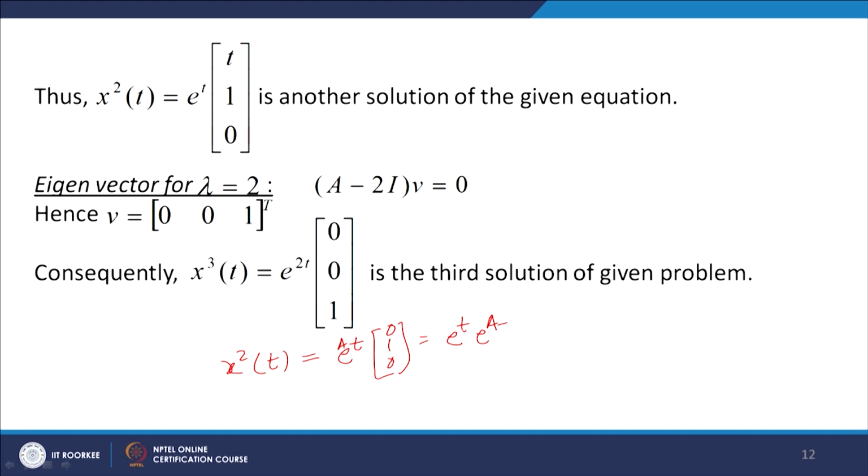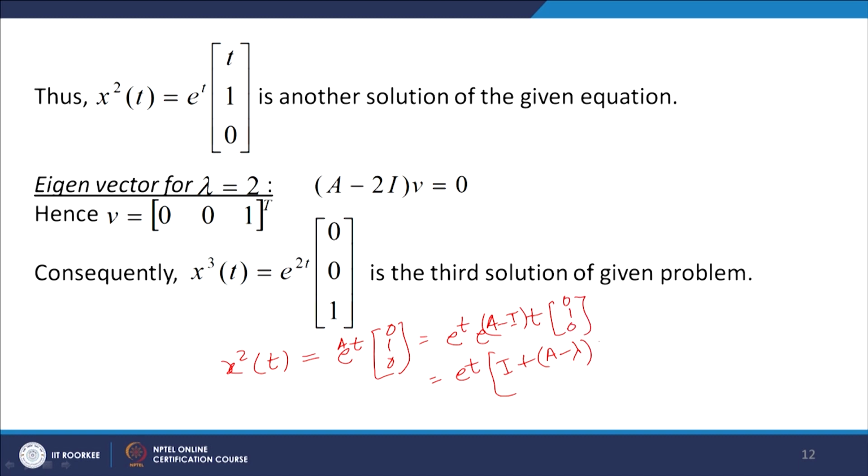This is e to the power t, times I plus (A minus lambda I) t, and so on, applied to (0, 1, 0).